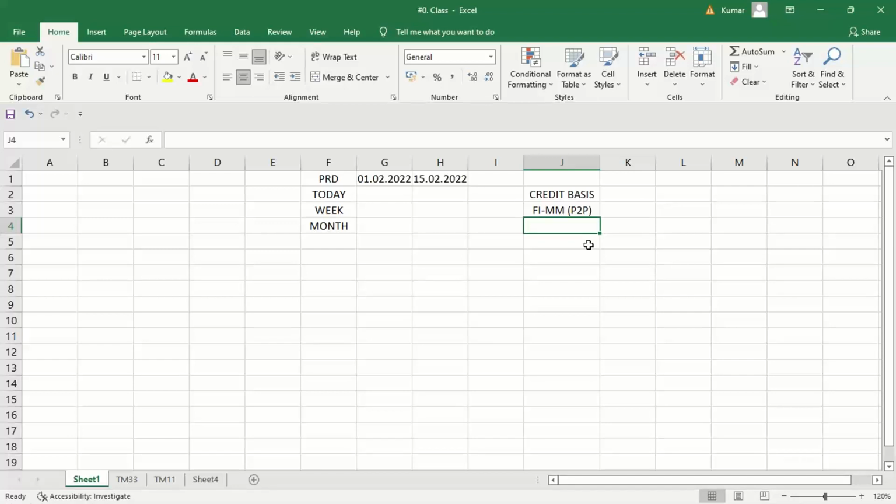Dell is there, let's suppose HP is there, HCL is there, right? Everybody is going to send the quotations.